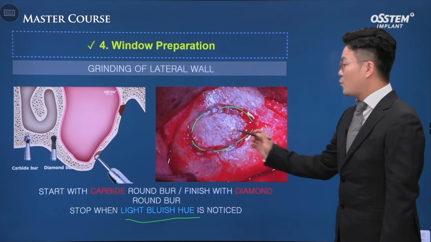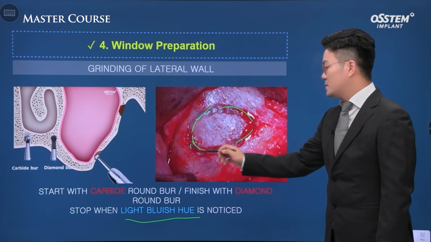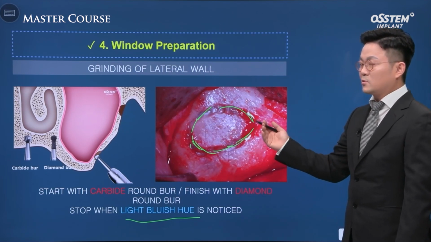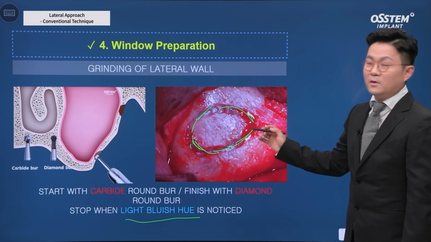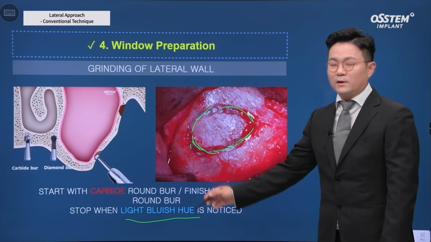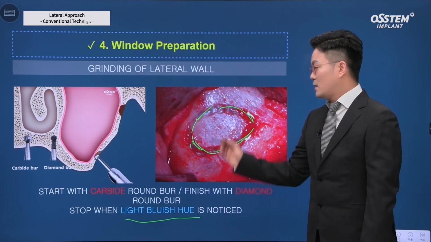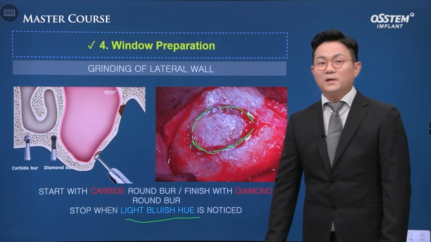And until you see that hue, you go grinding very slowly, like you are painting very cautiously and slowly. And when you see this membrane or the bluish hue, you open it. Otherwise, there could be a difference in thickness, and in window preparation, there could be more damage.